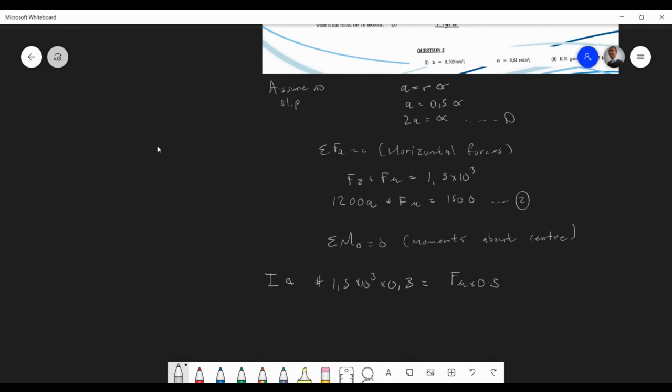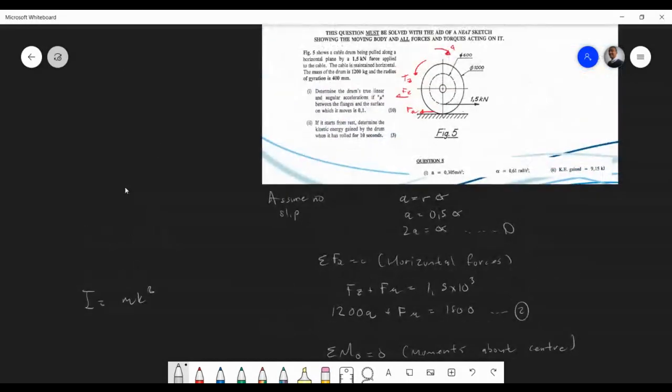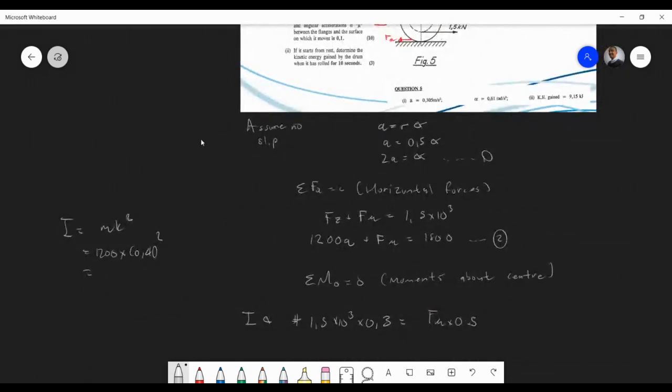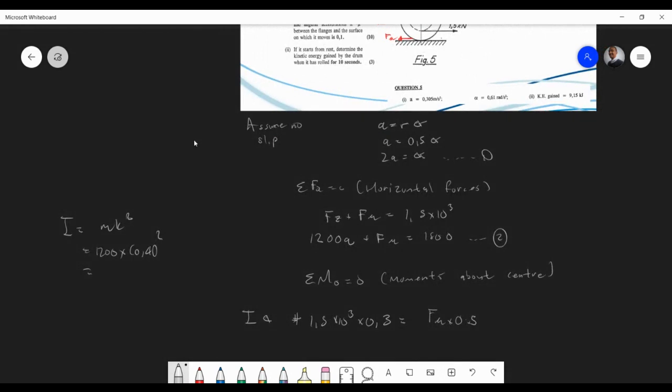And of course, the job here is to make this in terms of A. So my I is mass times the radius of gyration squared, and our mass is 1,200 times the radius of gyration 0.4 squared. If you get that, you should get a value of 192 kilogram meter squared.